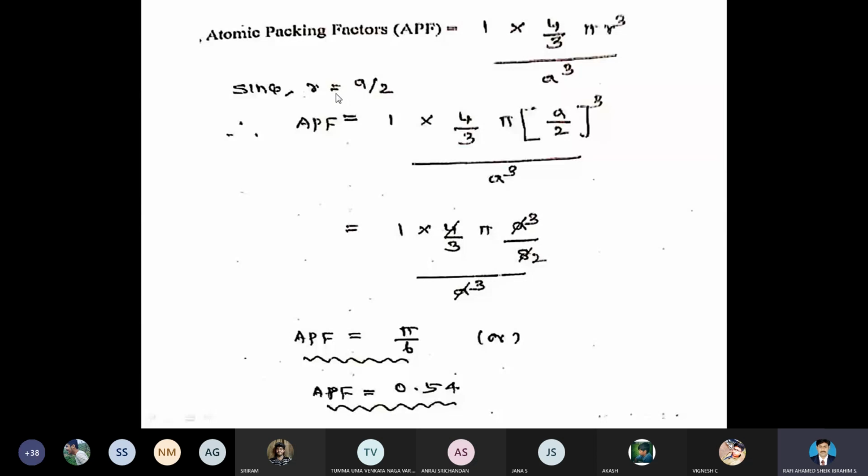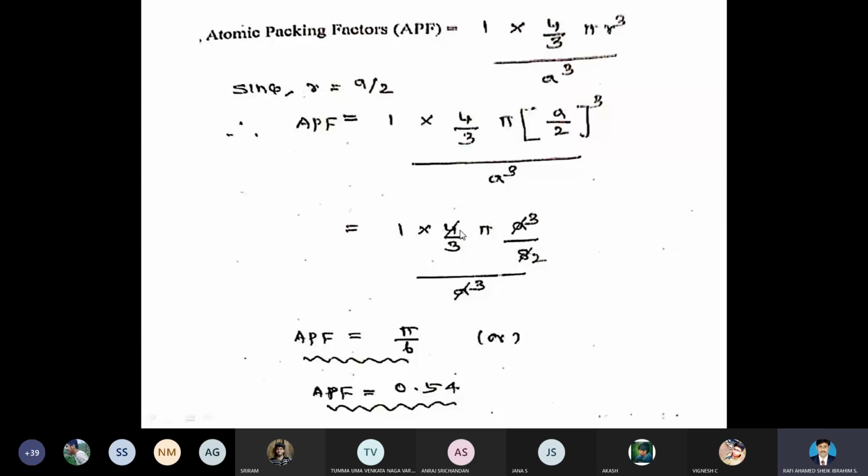Here r is equal to a by 2, so I substitute the value of r: 1 into 4 by 3 pi into a by 2 the whole cube, divided by a cube. Simplifying further: 1 into 4 by 3 pi a cube by 8, divided by a cube. The a cube gets cancelled.